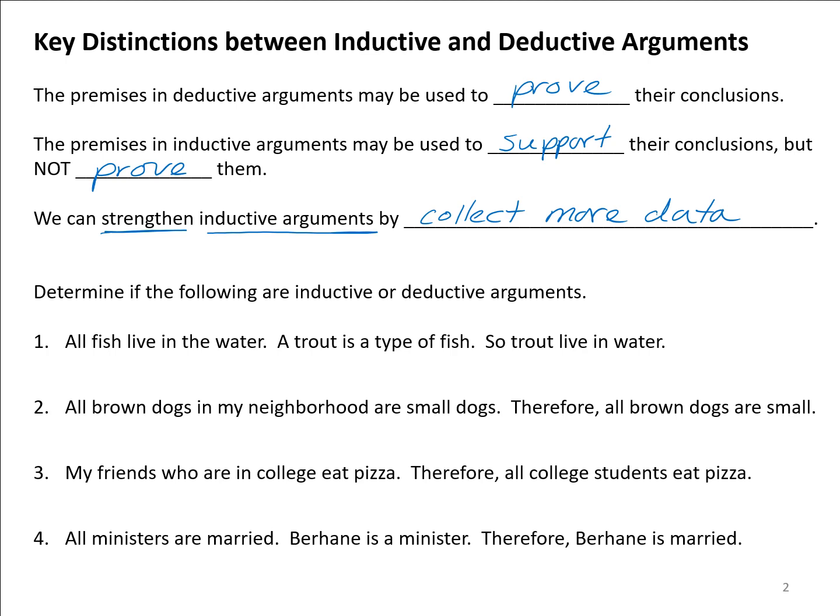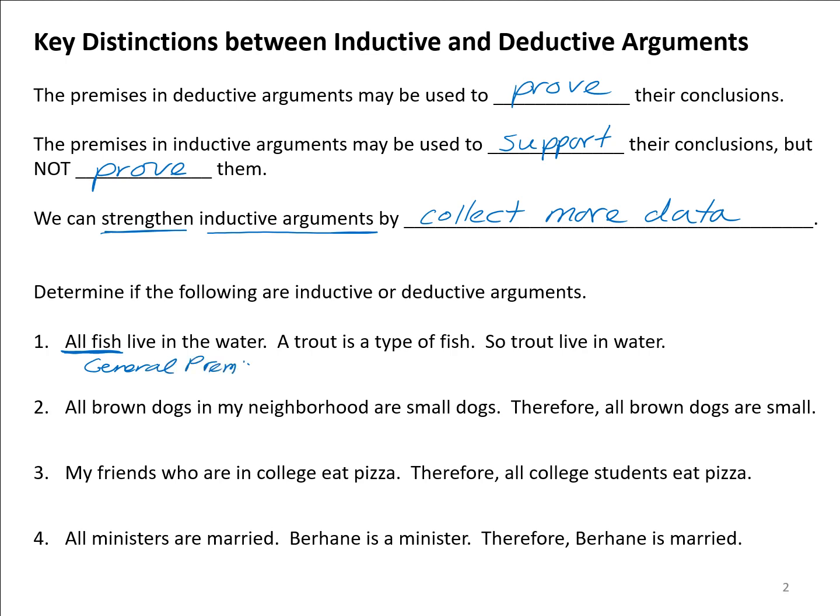Let's look at some examples of inductive and deductive arguments and identify which is which. Problem one, or example one. All fish live in the water. A trout is a type of fish, so trout live in the water. So we're starting with saying that all fish live in the water. This is a general statement about fish. So it's a general premise.